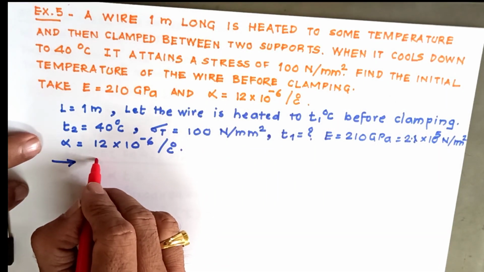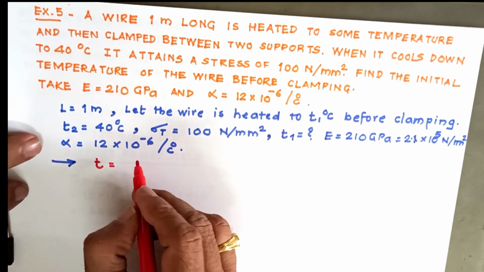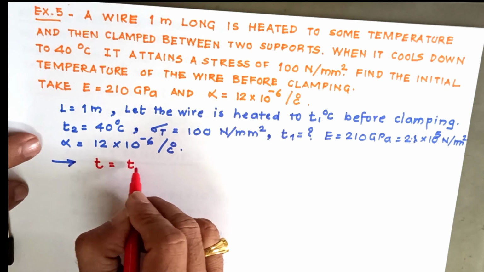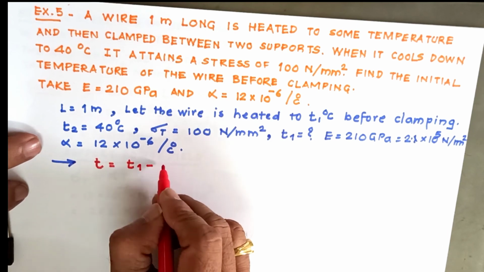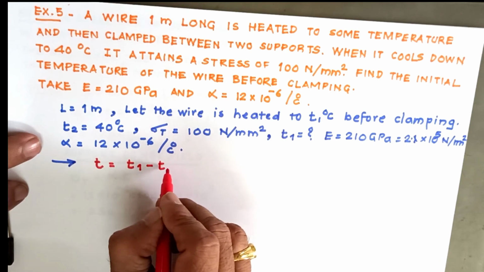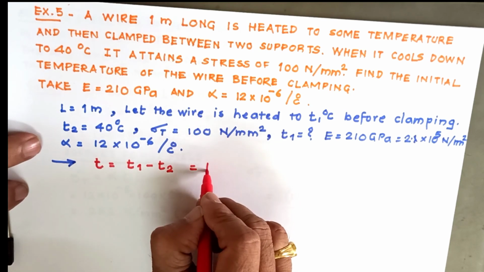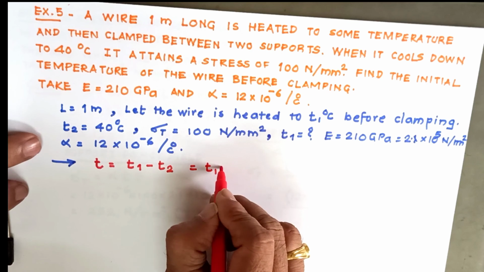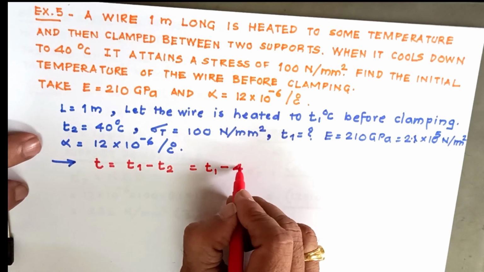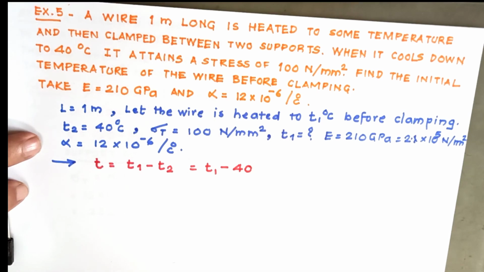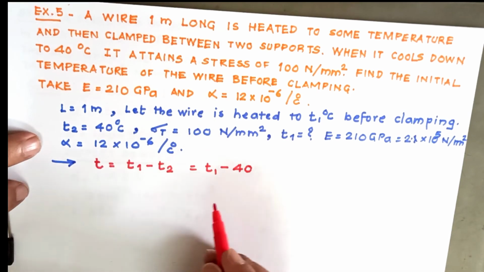The change in temperature, it falls down, so it will be T1 minus T2, that is T1 minus 40. Okay? Now it is very simple.